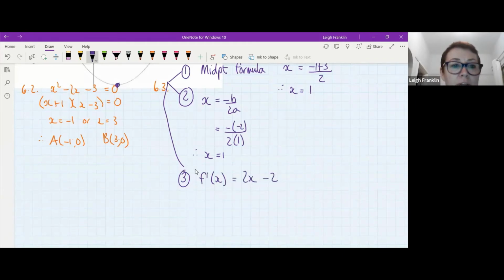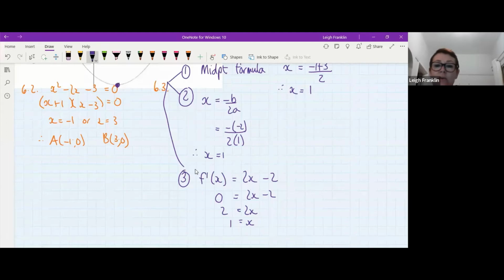At the turning point, any tangent drawn to the turning point is going to have a gradient of 0. So 0 equals 2x minus 2. So again, 2x is equal to 2, and x would be equal to 1. Can you see there's 3 ways for you to do that? So you decide whatever is the easiest for you.